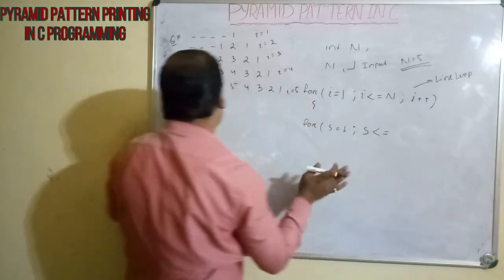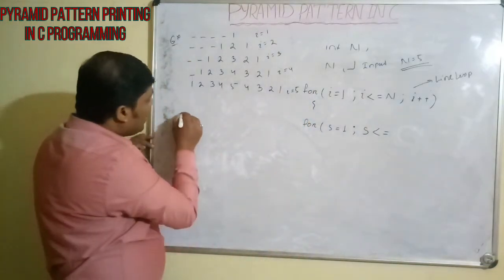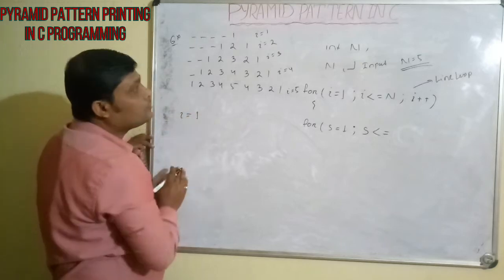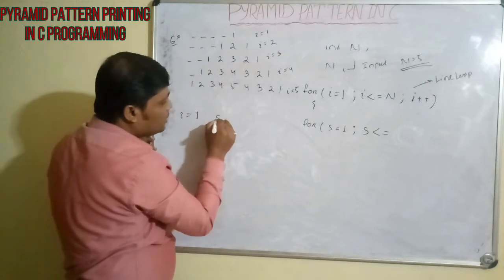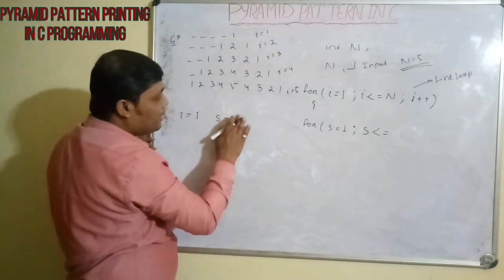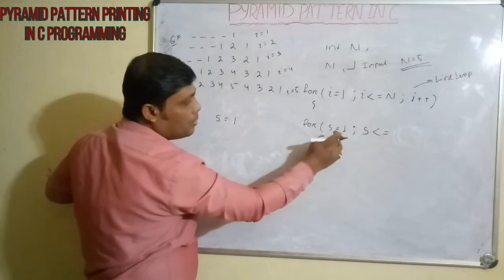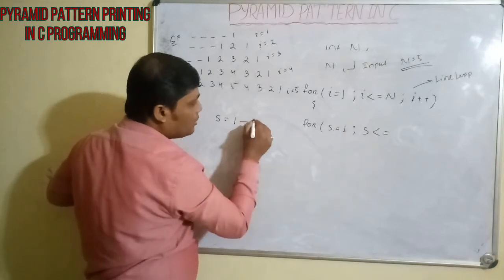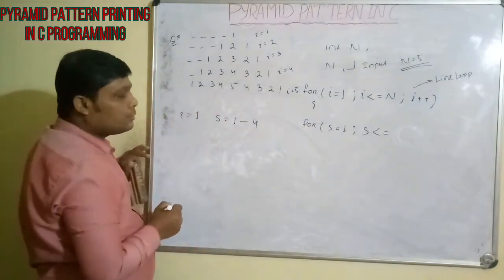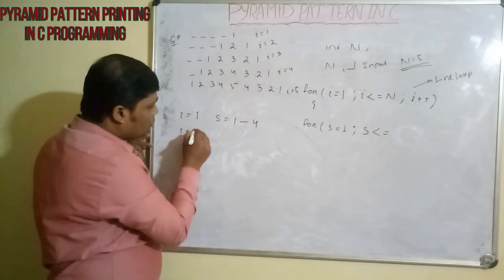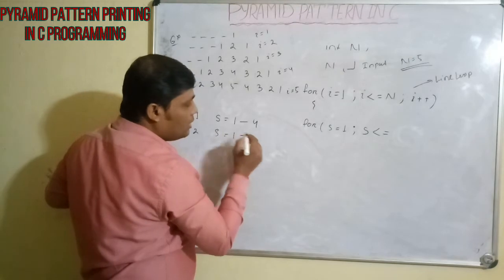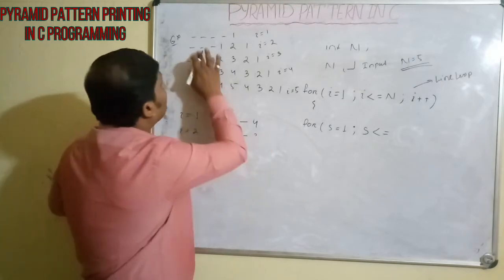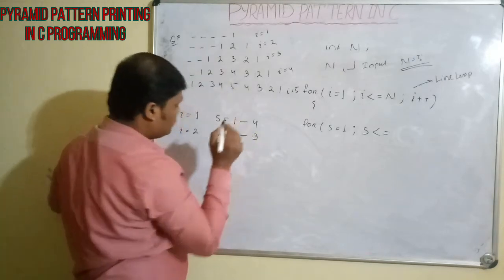So s will end with some variable. What will that be? Just see. When i equal to 1, the number of spaces is 4. That means the space loop will start from 1 and end with 4. Clear? When i equal to 2, space starts with 1 and ends with 3.